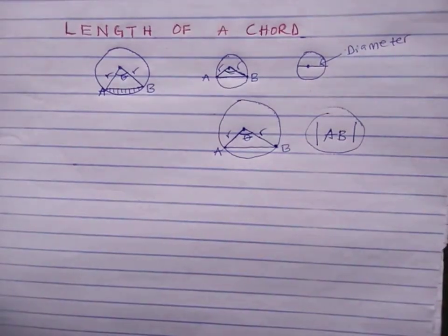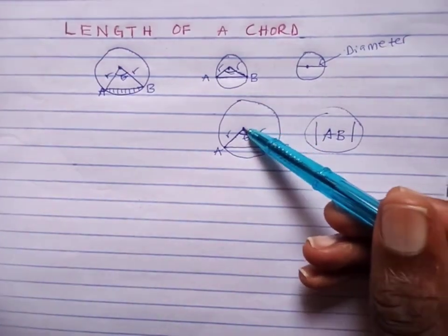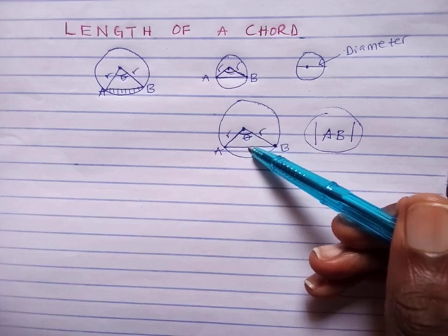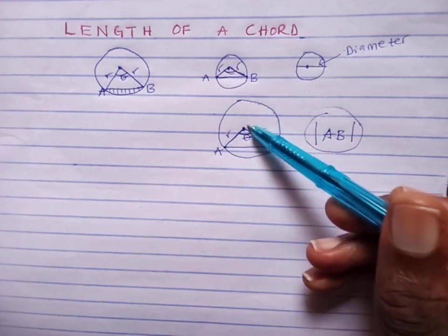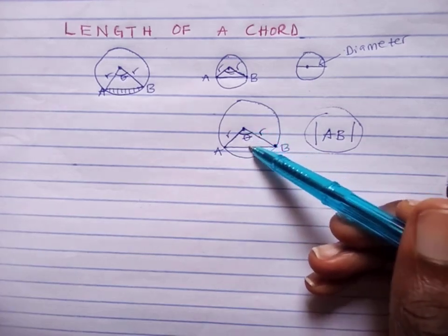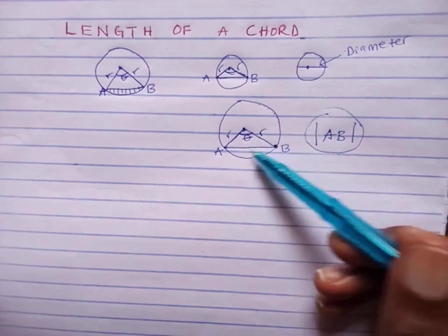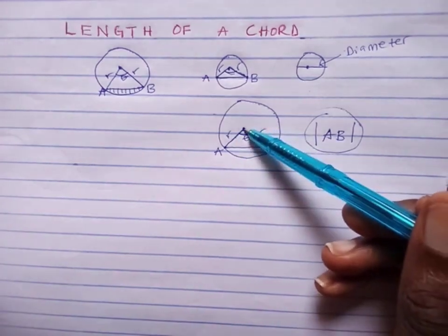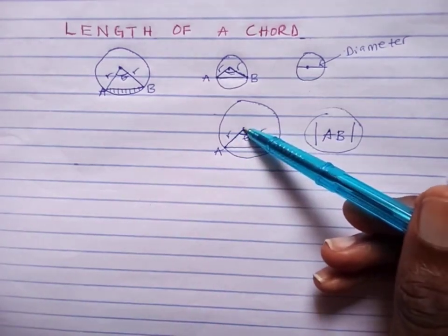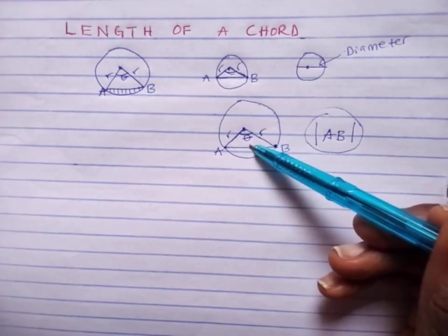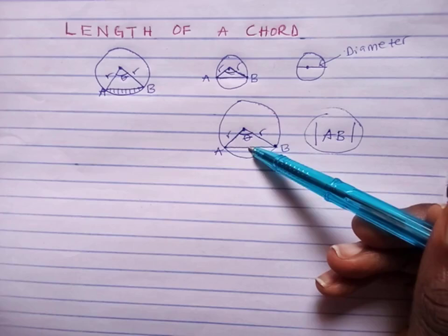Now, the first thing we need to do, we need to bisect this very angle. And of course, when we bisect the angle, we'll end up bisecting this very line. And how do we do that? We will draw a perpendicular line running from the center to this very point.